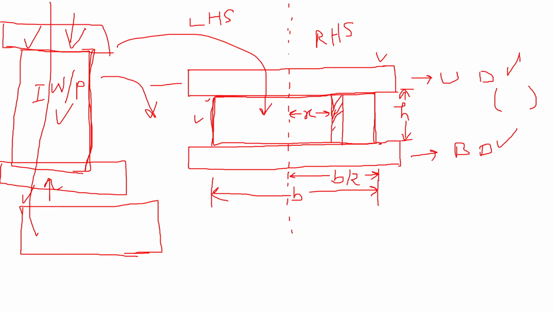This is your particular slab under consideration on the right hand side of this symmetrical line. On this slab, in this direction, you are having a certain principal stress sigma x, and at the other side you are having stress sigma x plus d sigma x.